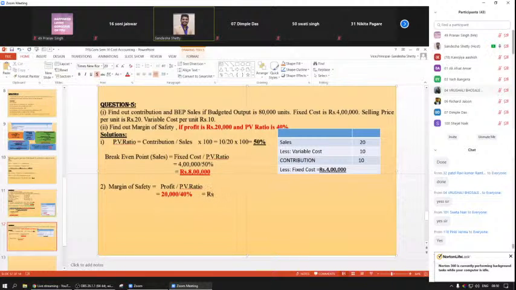What is the answer? Okay, rupees 50,000 is the answer. Correct. तो कलर में अच्छे से देख लो. रुपीज 50,000 इज द आंसर. करेक्ट.